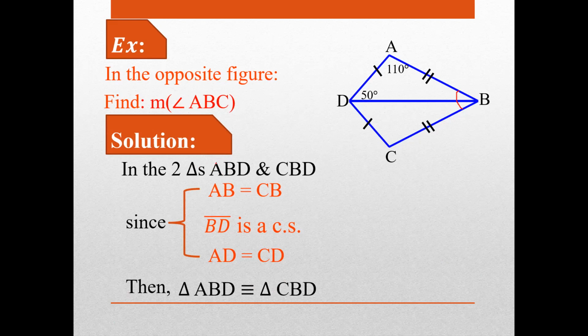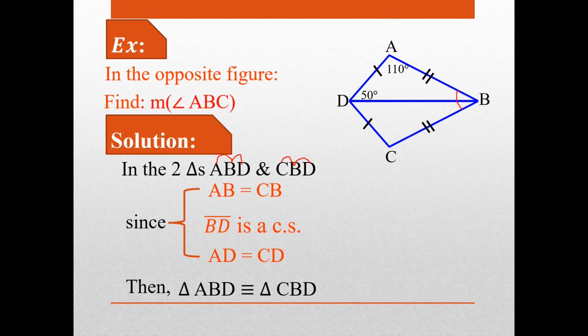Measure of angle ABD will be equal to measure of angle CBD: first letter, second letter, third letter. Again, if the triangles are congruent, six elements in the first triangle are congruent to the corresponding parts of the other triangle.